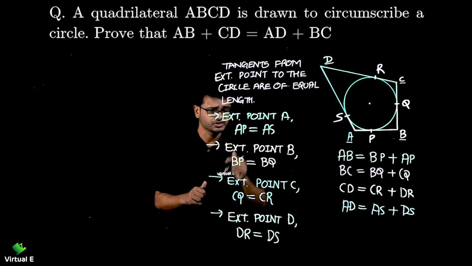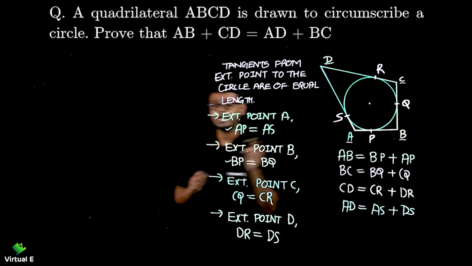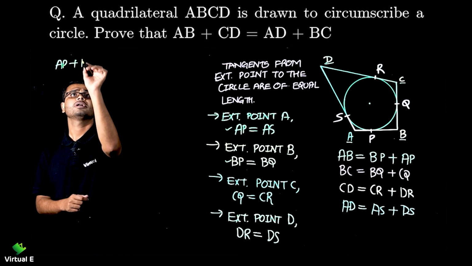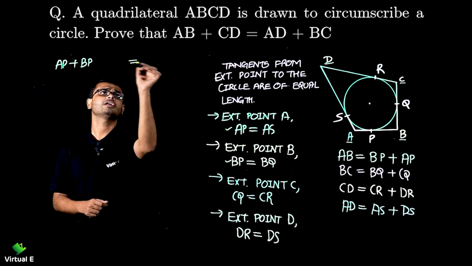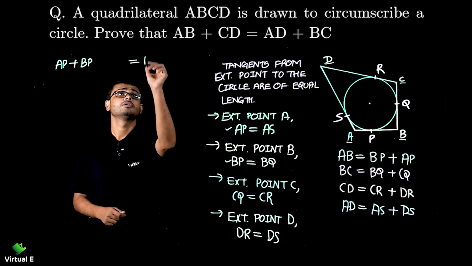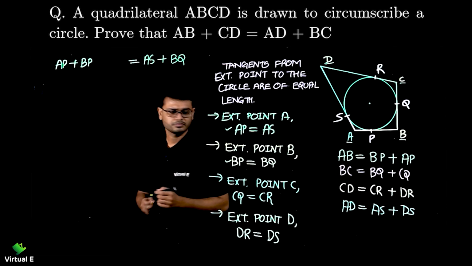Let's start adding. First of all, AP and BP. So AP plus BP. What will come on the RHS? That is AS and BQ. So AS plus BQ.